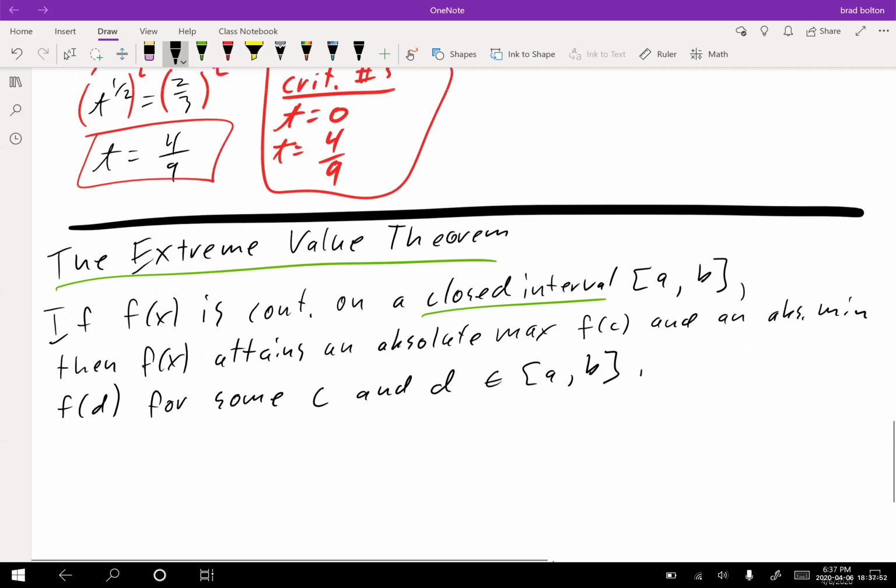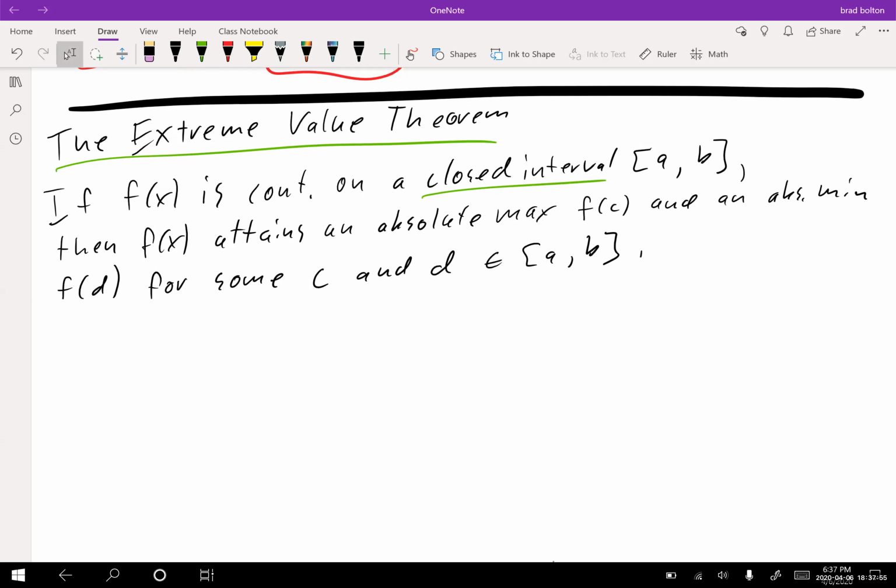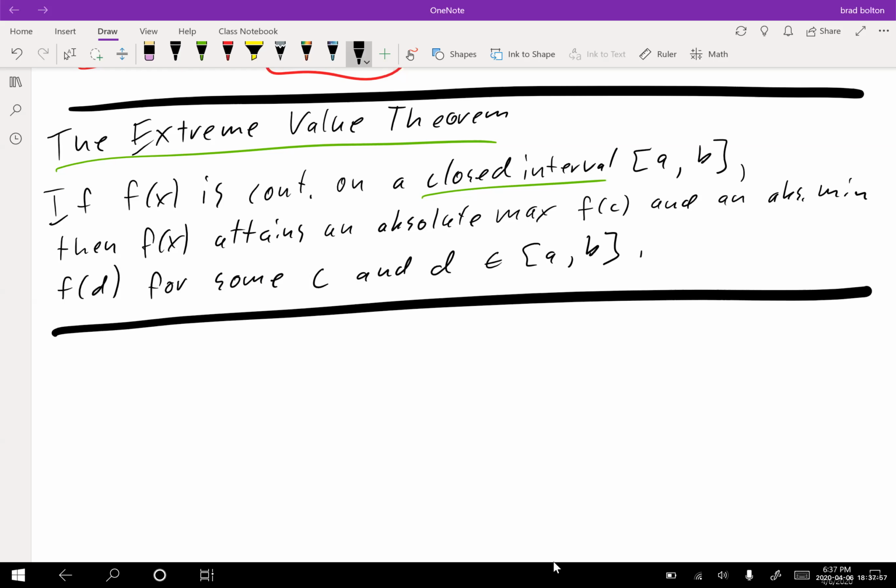So what we're now going to do is use the extreme value theorem to come up with a way of finding absolute mins and maxes, or maxes and mins. Let's do that. I've been writing it max min the whole time. So first thing we have to do is make sure your function is continuous on a closed interval.